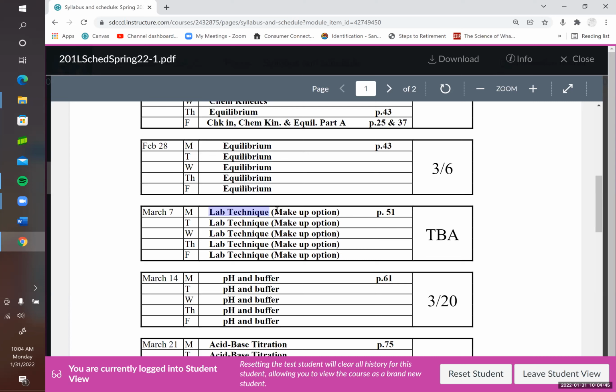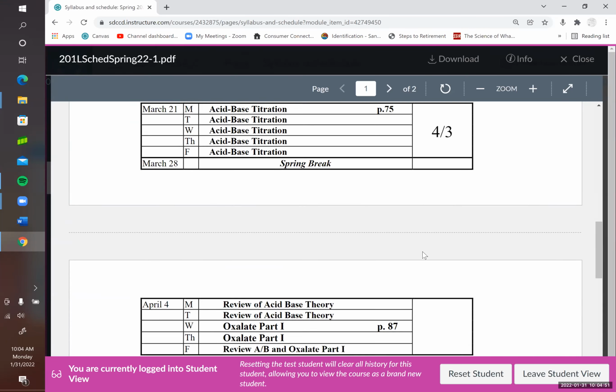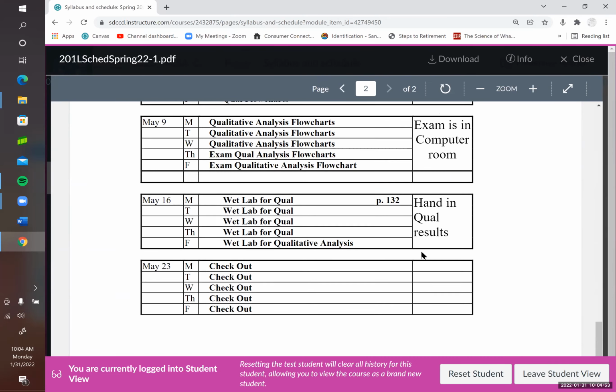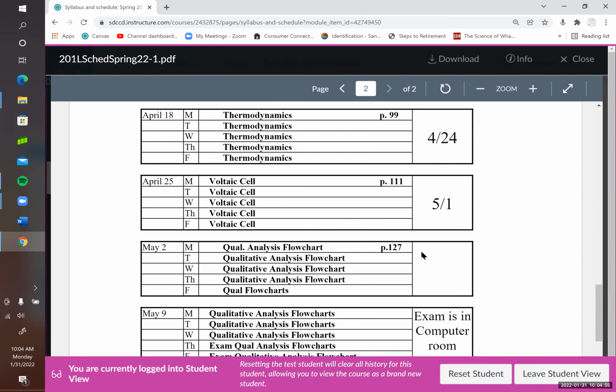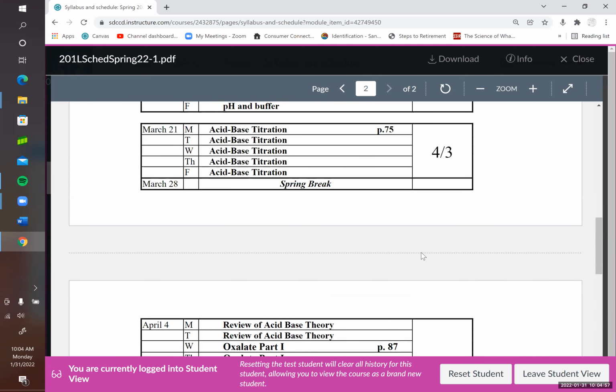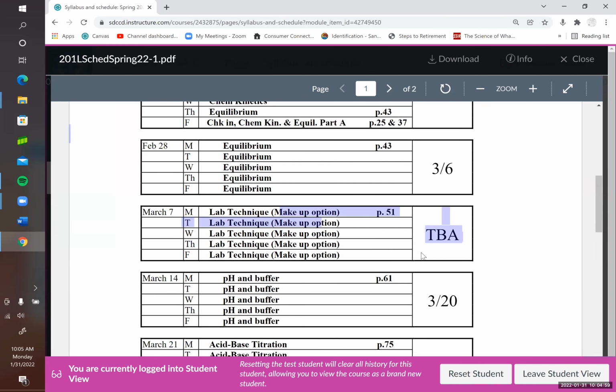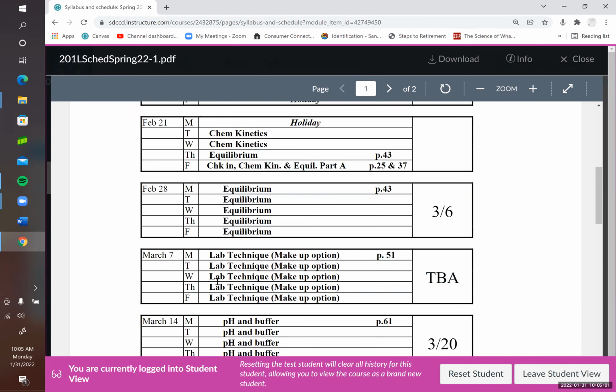But it's optional. And so it doesn't really have a due date. So say at the end of the semester, you miss a lab back here, and you go, oh no, I can't make it up, and all the labs are full, so I can't make it. You can still do this lab to replace that grade. And you have up into the last day of lab class to hand that in.